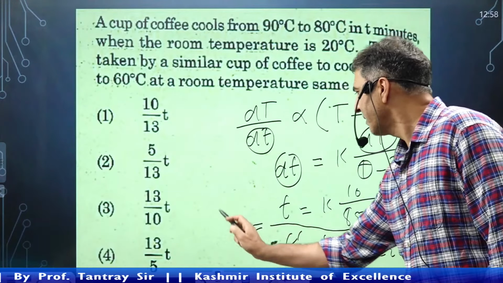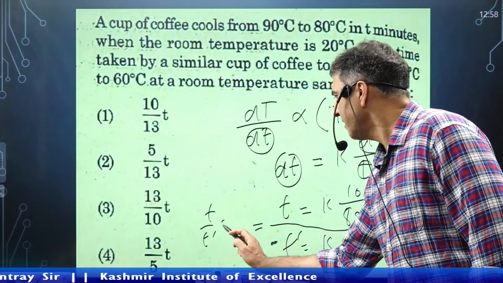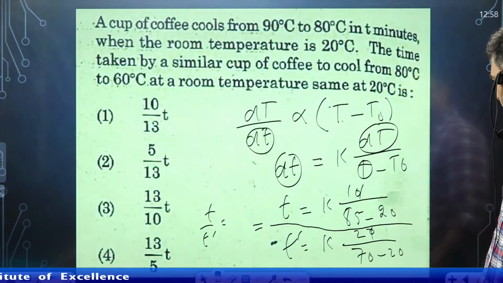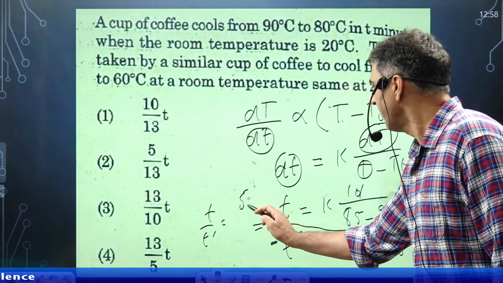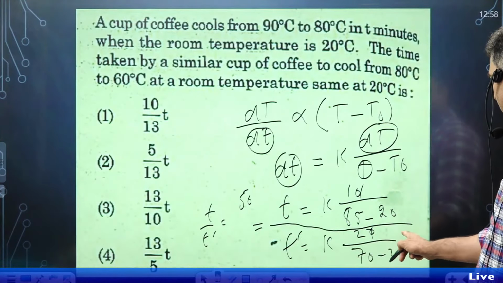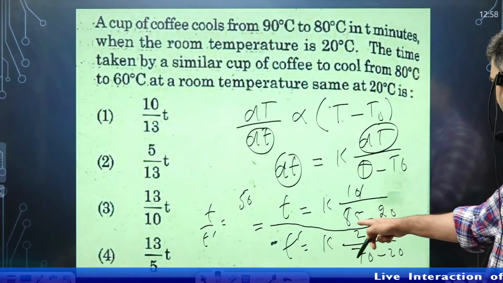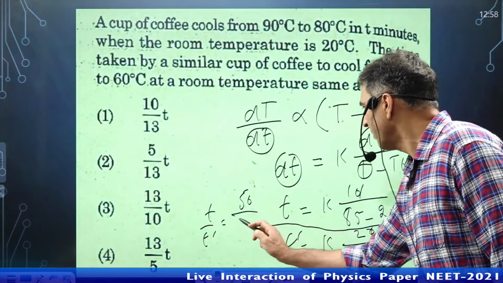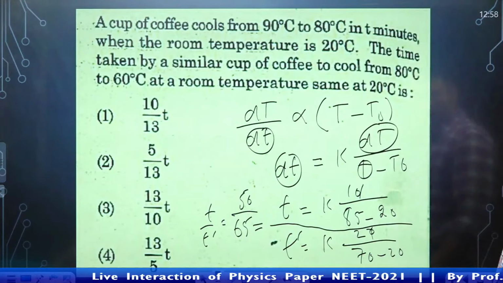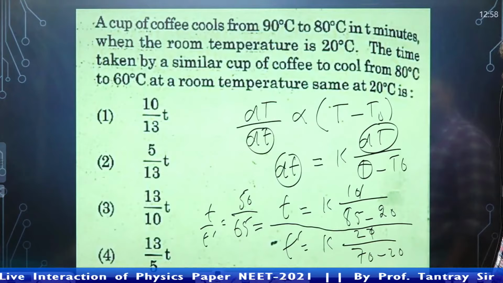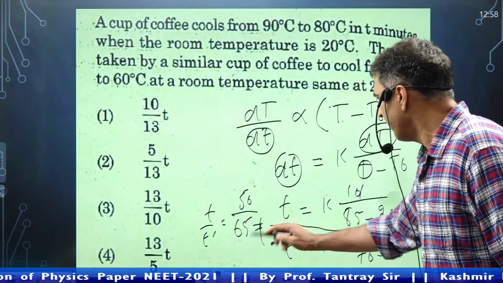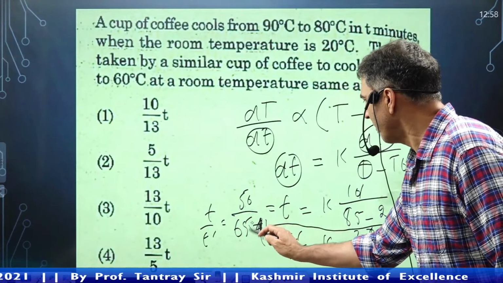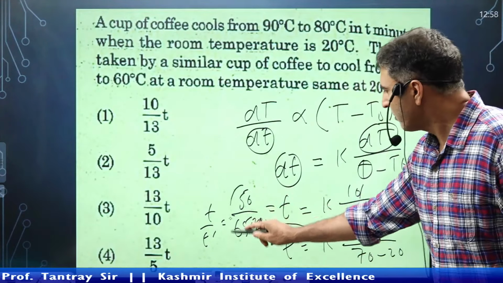what you are getting, T by T dash is equal to, this will cancel, this will go up, and it will be 50, and in the denominator it will be 85 minus 20, that is 65, and this 2 will definitely be in the denominator. So you just check it out.